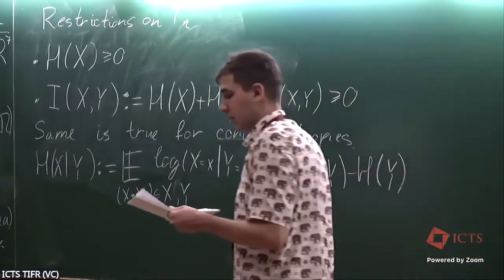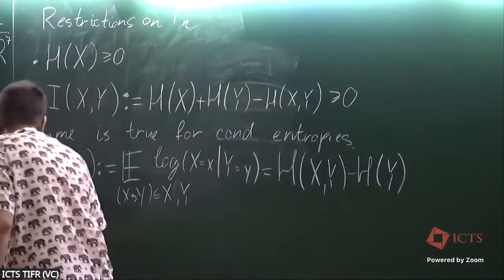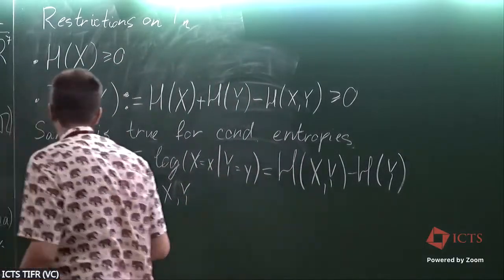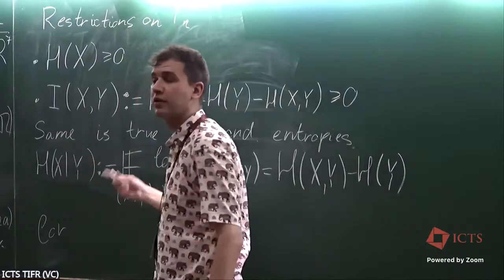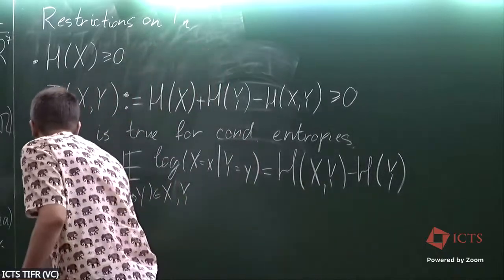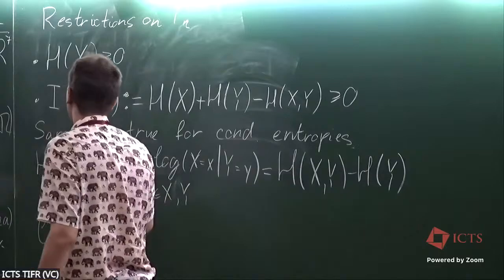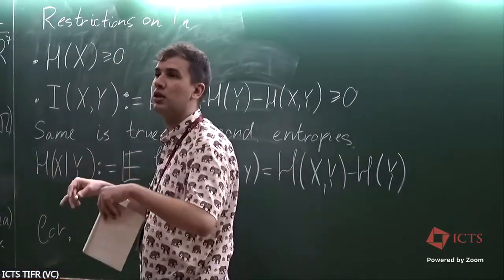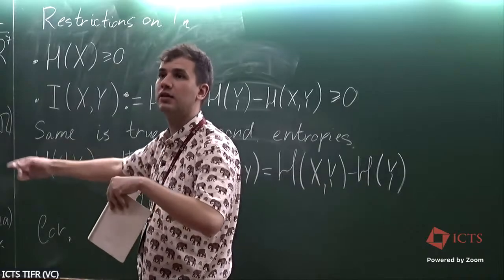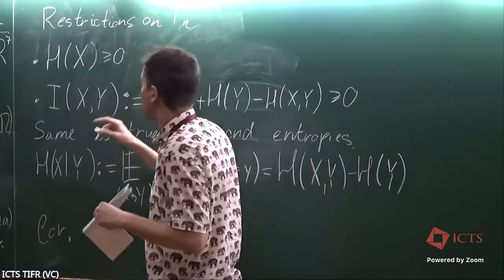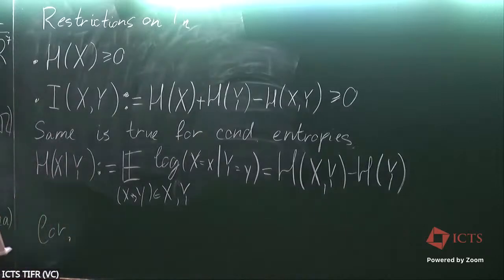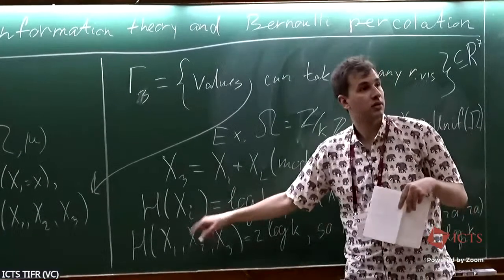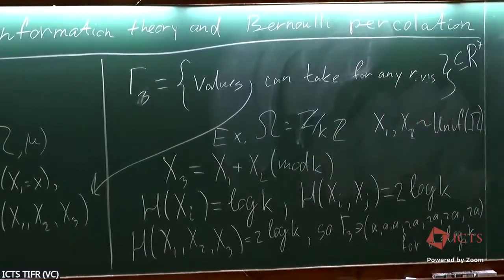So in particular, from the first property, we have that conditional entropy is non-negative. So entropy is non-decreasing in adding variables. So the entropy of x1, x2, x3 should be not less than the entropy of x1 and x2.